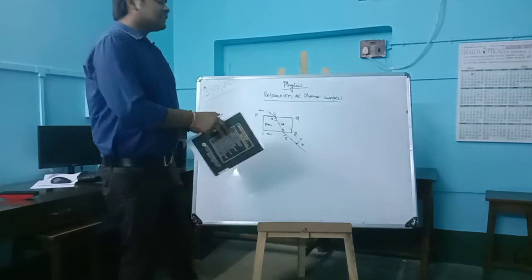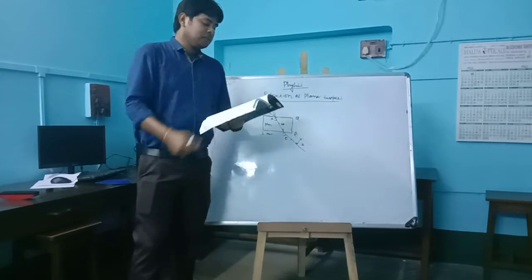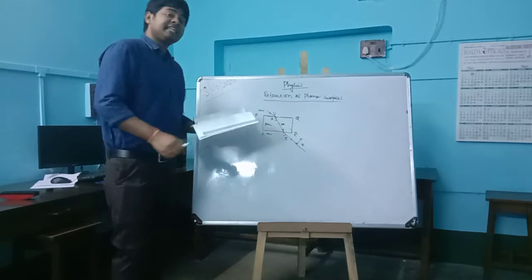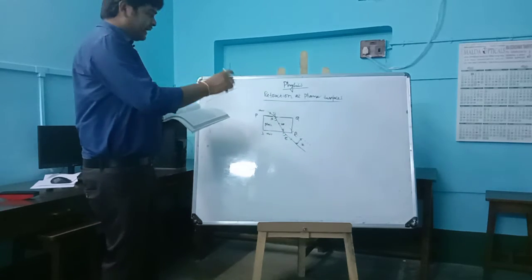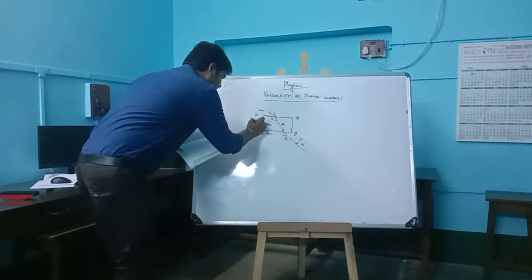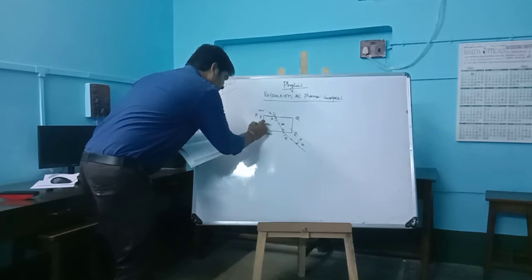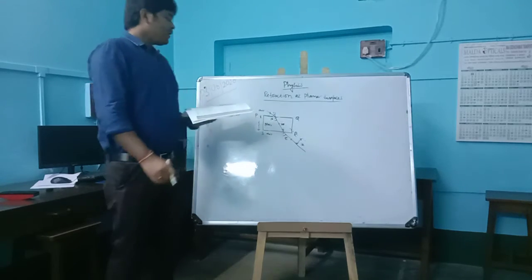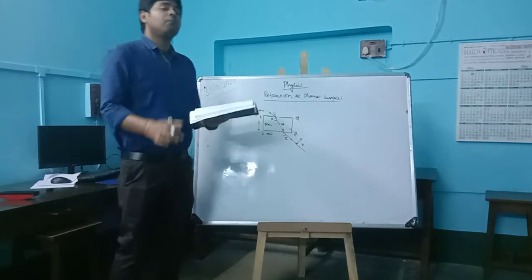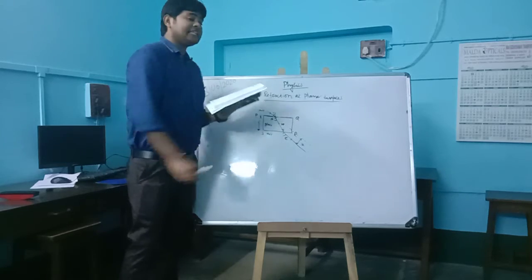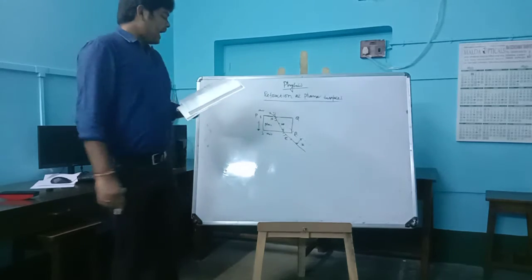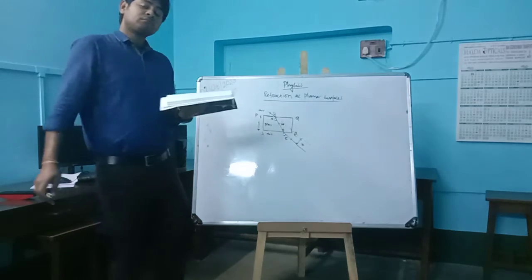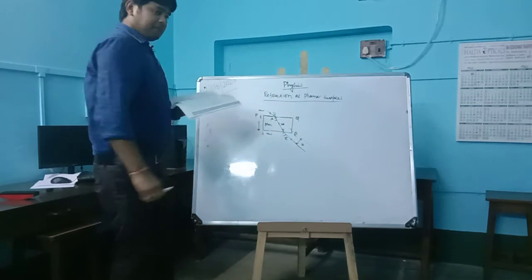Now this lateral displacement depends on some factors. First, it depends on the thickness of the rectangular glass slab. If I denote the thickness by T, then the more the thickness of the glass, the more the lateral displacement. Next is the angle of incidence. The more the angle of incidence, the more the lateral displacement.